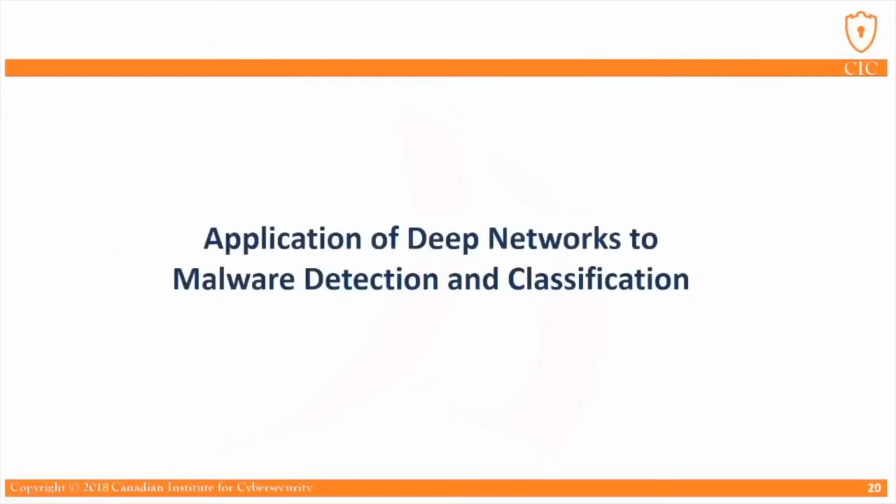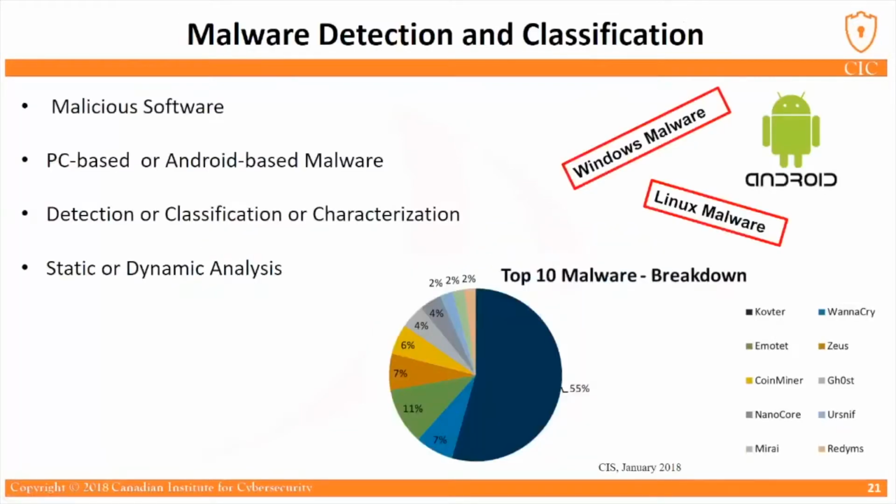Okay, we talked about basic deep learning architectures, but here we want to know how we can apply them to the malware detection problem. And we see a lot of studies have been done and how they have used these deep networks for detecting or classifying malware. Most of you know malware is malicious software, and actually malicious software is any software that is intentionally designed to cause damage to computers or disrupt computer networks, or it wants to steal information and data.